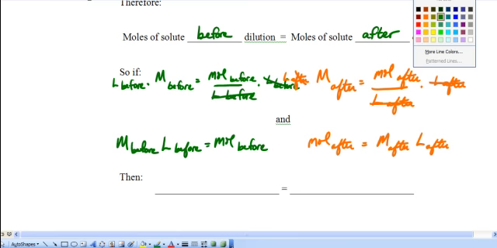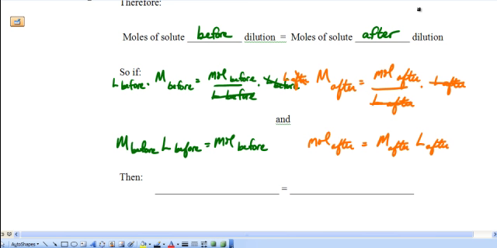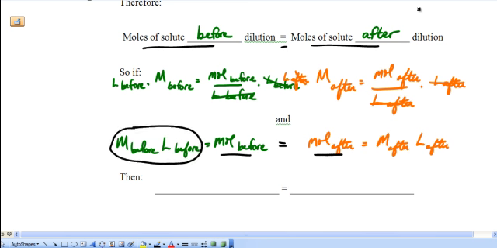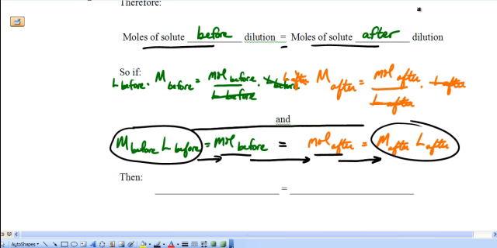Now, we originally said that the moles before equals the moles after. So we have moles before equaling moles after. Therefore, this term will have to equal this term. If this is the same as this, and this is the same as this, and this is the same as this, this must be the same as this.